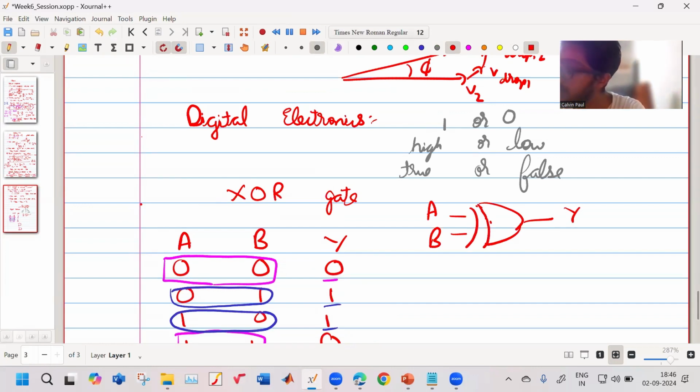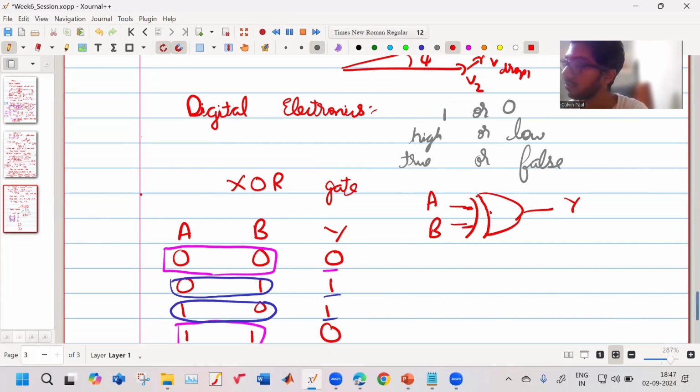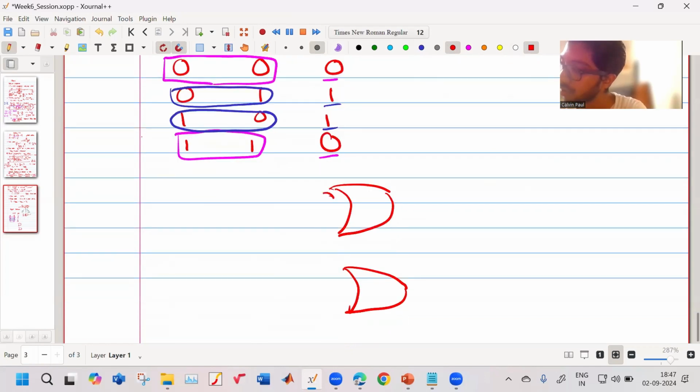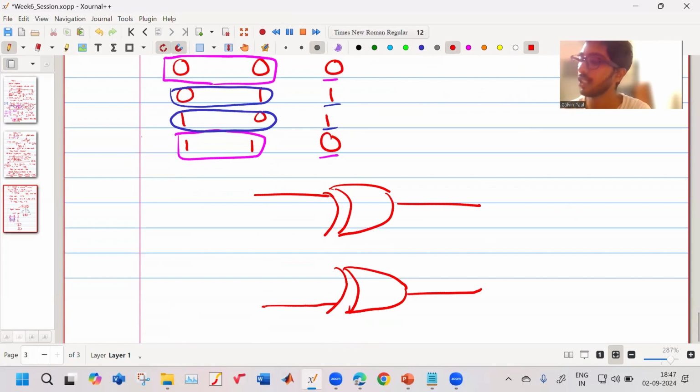We have one input here, another input here. This is one output, this is another output. Let us say this is Q1, this is Q2.